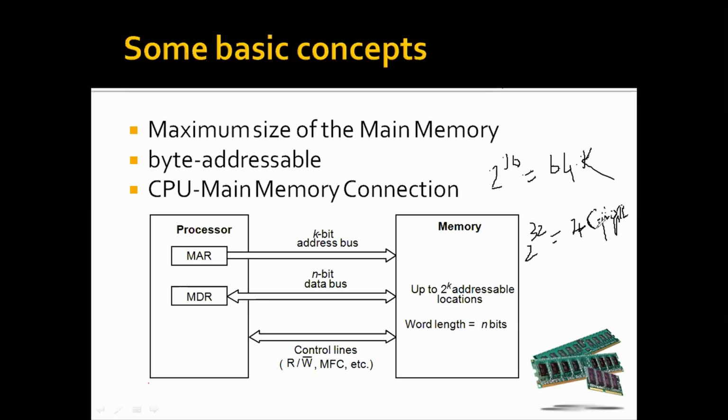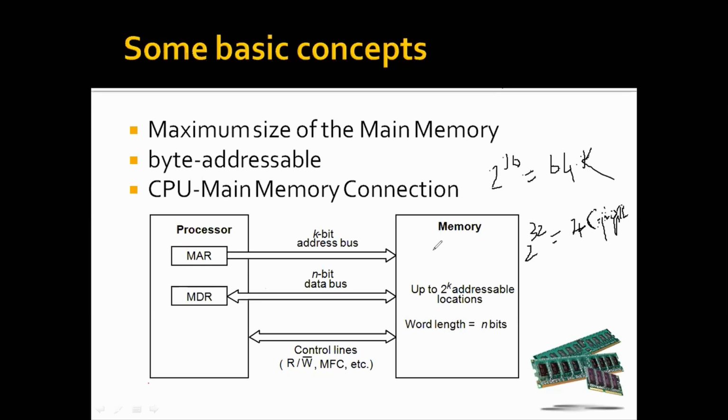Here, in this part, the data is going to transfer between the memory and the processor. So where does all the data here pass from? From the memory to the processor and again from the processor to the memory. This is how the data transfers.